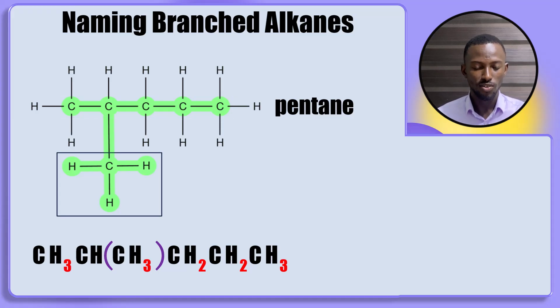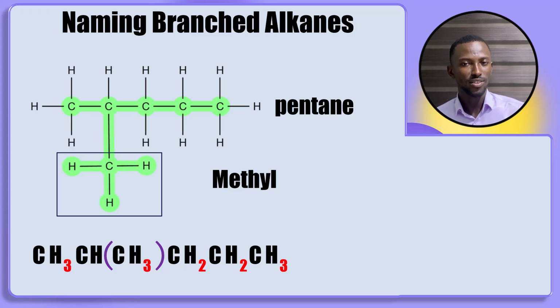The side chain of this organic compound is known as methyl. Methyl is an alkyl group. If you struggle with knowing what an alkyl group is, we've recorded a lesson on that, so you should watch it before continuing. So this is a methyl group.